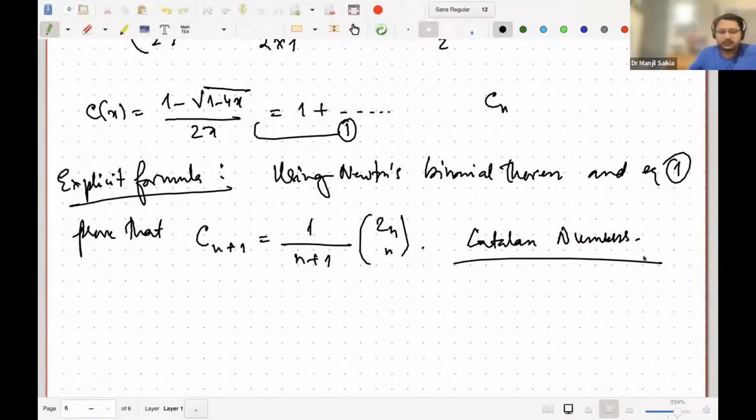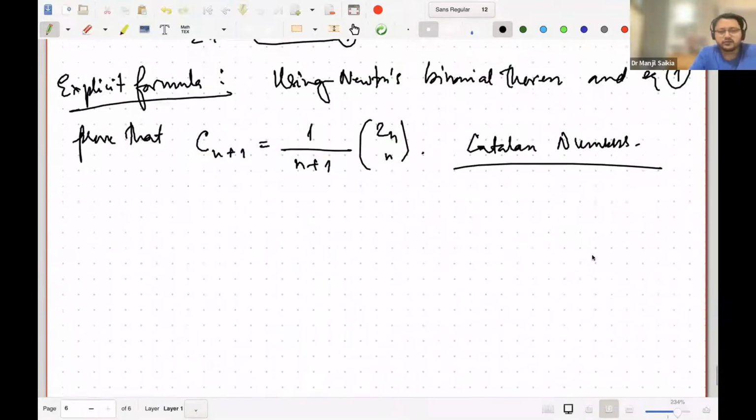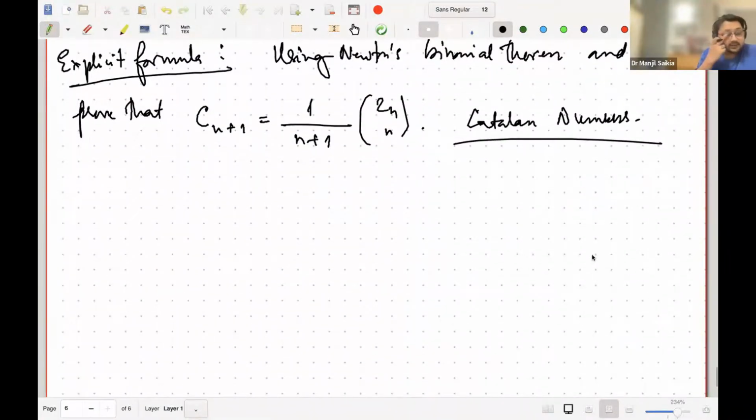And now, the final thing that I want to show you is some combinatorial description of these Catalan numbers. So these Catalan numbers actually count many different combinatorial objects, and we are going to see one of them, which is Dyck paths.